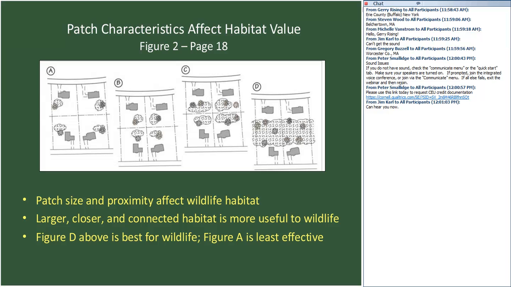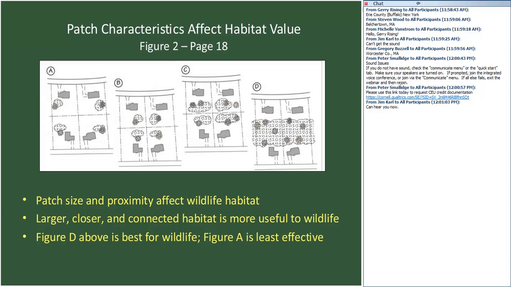For example, the patch size and the proximity of the wildlife habitat patches to one another really can affect wildlife habitat. In the illustration A on the far left, you can see here's 4 properties with 4 small patches of habitat that are pretty isolated from one another, pretty far from one another, not really connected, not too valuable in terms of wildlife habitat.